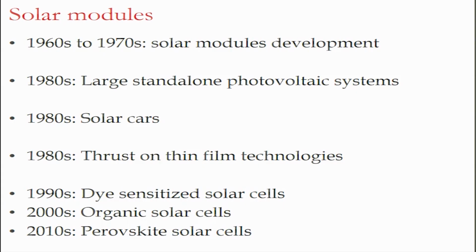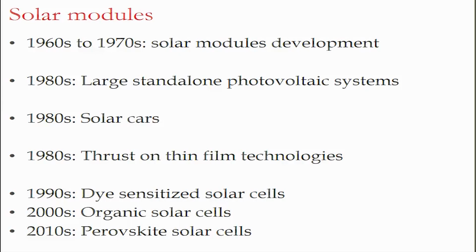In the 80s there was an effort on solar cars also, and we started research on thin film technologies. These were important because silicon solar cells were heavy, as they use wafers of silicon. So the idea was to reduce the weight of the solar cell and reduce the material cost also by using materials in thin film form.